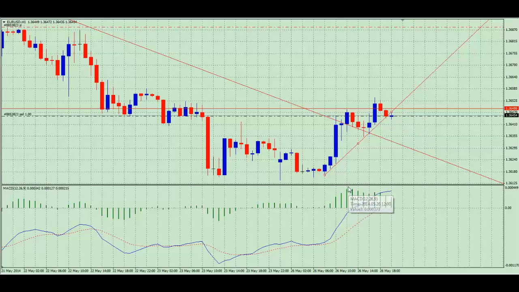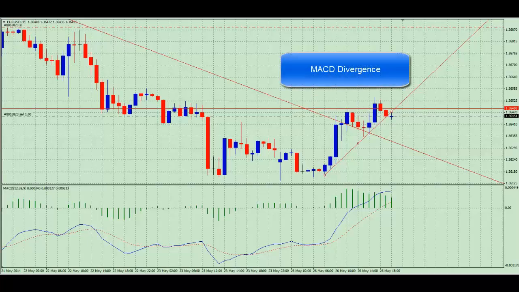We can also see that from the high of the price to the next high in price, the MACD is actually pushing down. So it shows there's a change in momentum. Even though it's still saying it's upward momentum, it shows there's a decline in momentum even though price has gone up, which is MACD divergence. So that's another positive sign.